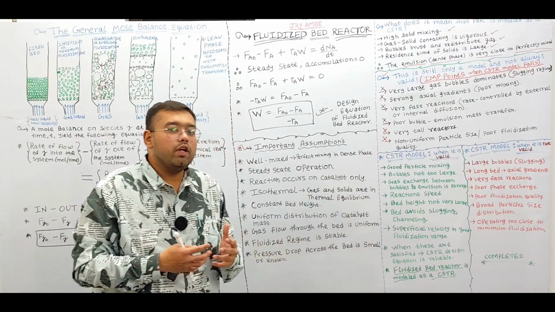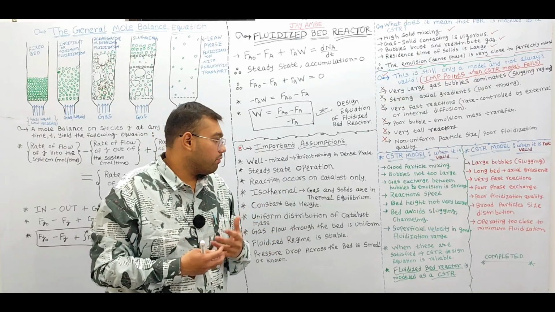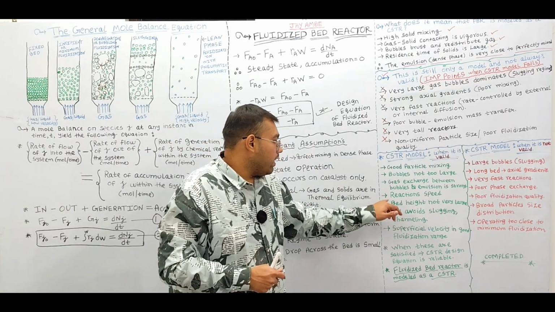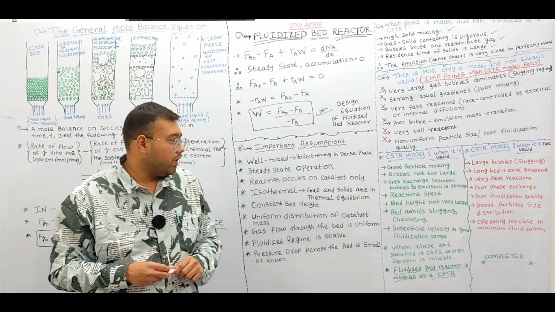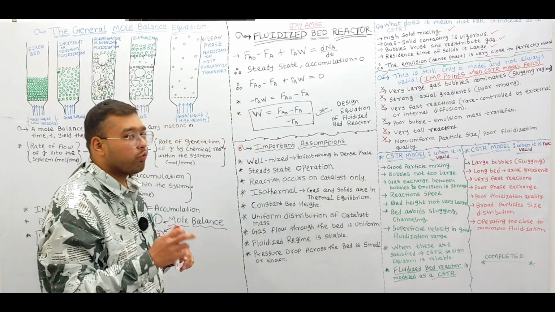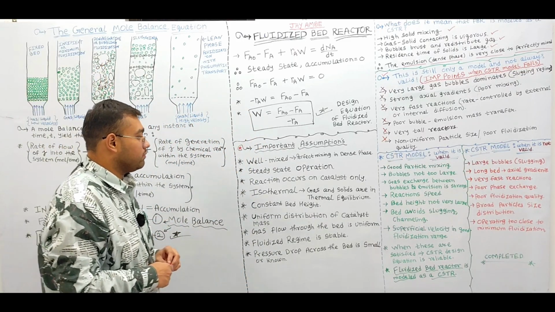Good exchange of the gas and solid phase, the reaction takes place, and the conversion of the reactants into the product takes place, which also depends on the speed of the reactions, right? Bed height not very large, right? So we should not have very tall reactors.